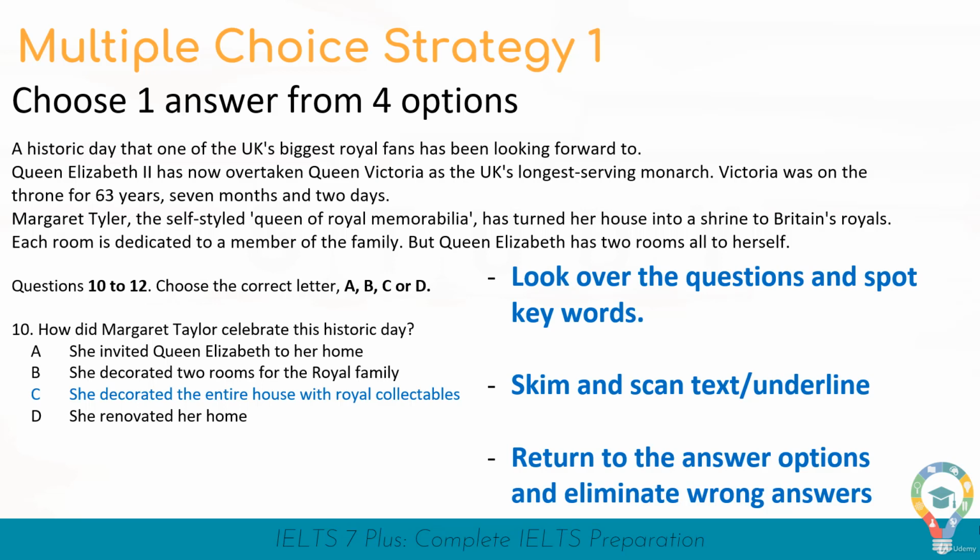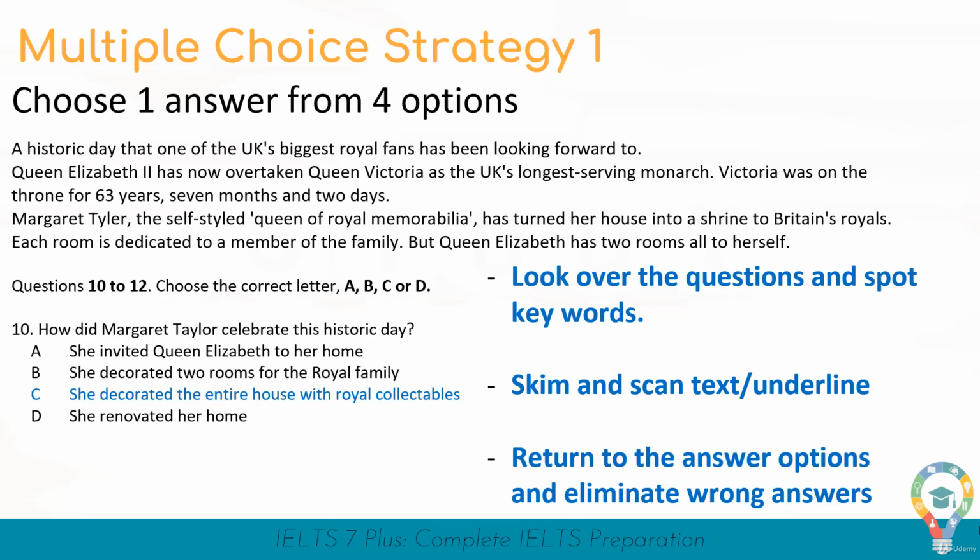So looking through the options A, B, C and D, A, she invited Queen Elizabeth to her home. I can very quickly see that that answer is incorrect, as there's no mention of anything to do with inviting the Queen to her house. The 2 tricky answers are B and C. B, she decorated 2 rooms for the royal family, is possibly correct, as in the passage it does mention 2 rooms.